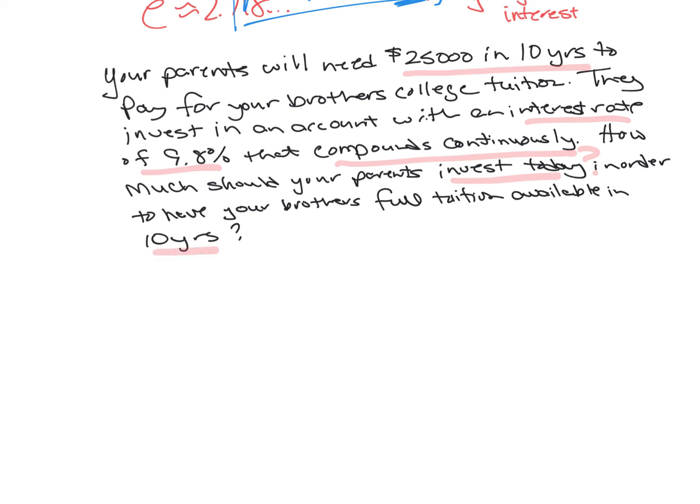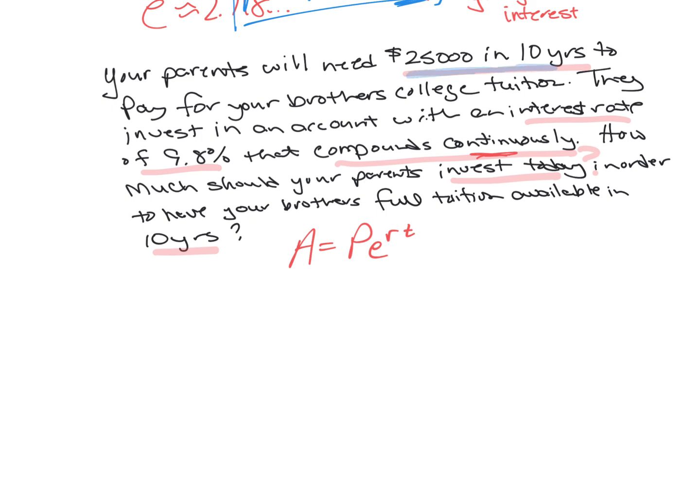So you have to stop and ask yourself first, which one am I using? Well, it's saying compound continuously. So that is A equals my principal times the natural base e to the RT. Then you have to ask yourself, what information did they give us? Well, they need $25,000.